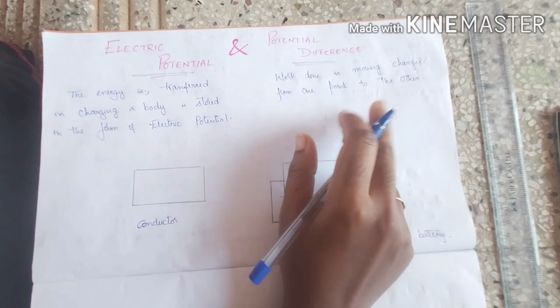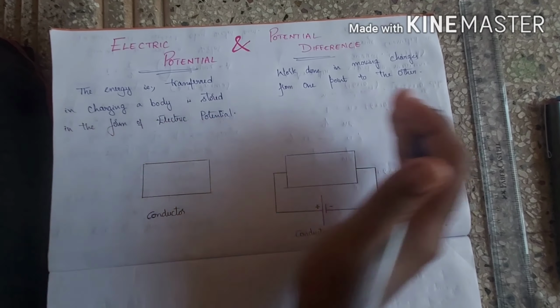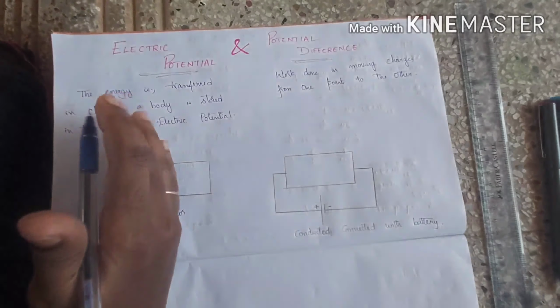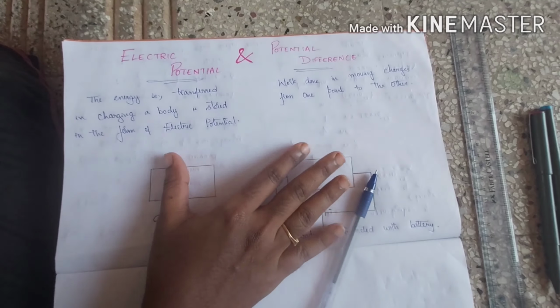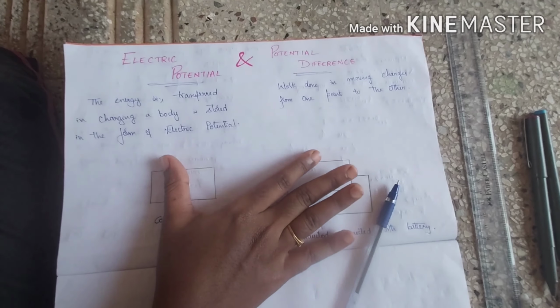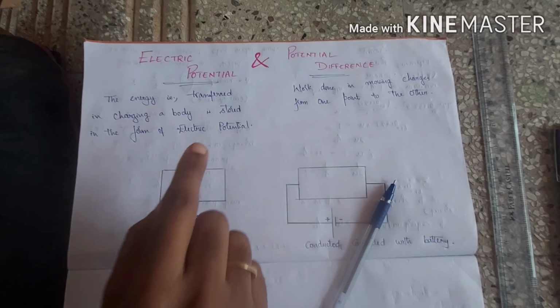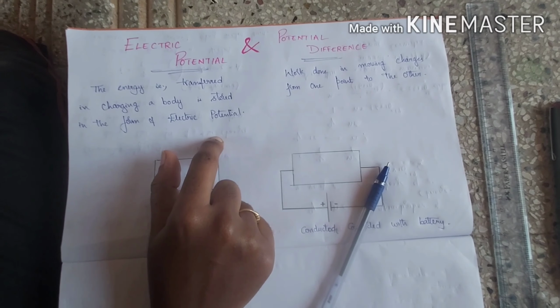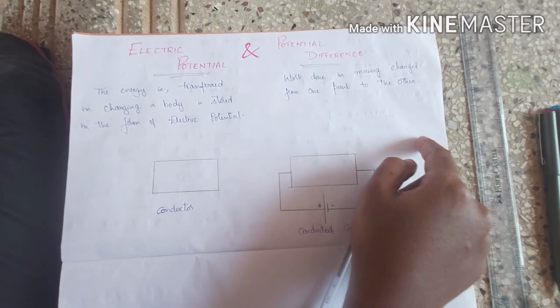This basically happens with electric potential because this will either attract or repel. So what am I doing here? If I'm attracting or repelling, what is it doing? It is nothing but the charges are set into motion. Either they attract or repel. So the energy that is transferred while charging a body is called electric potential, which is used in moving the charges from one point to the other.